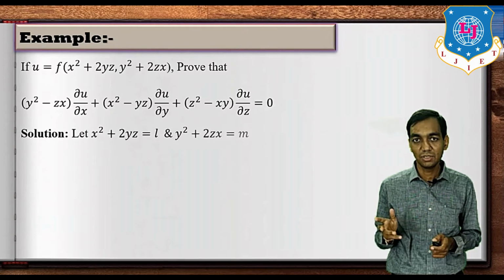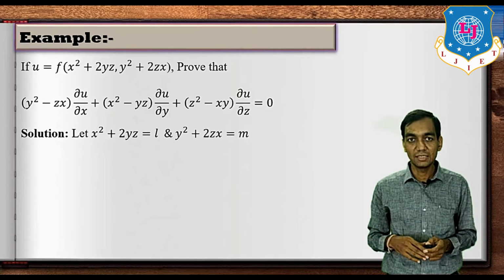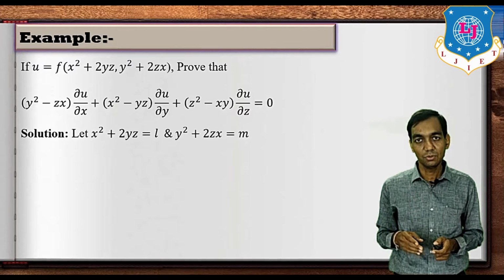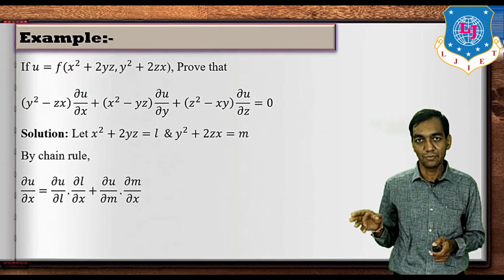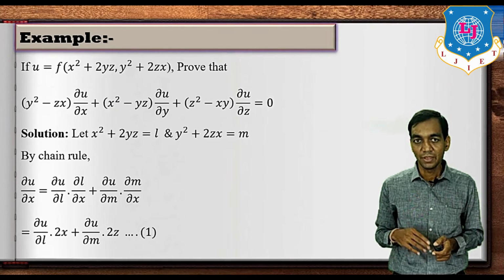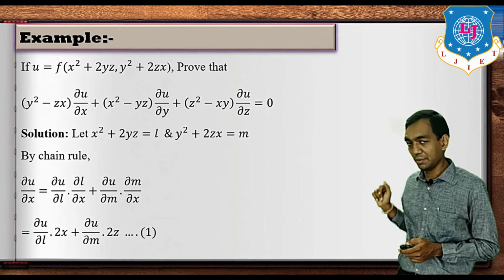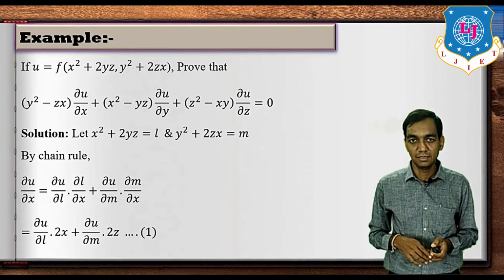Now we are starting with the chain rule. We are going to assume that x square plus 2yz is equal to L and y square plus 2xz is equal to M. So your function is going to be of the form f of L comma M. If you apply the chain rule, u is a function of L and M, which are functions of x, y and z.